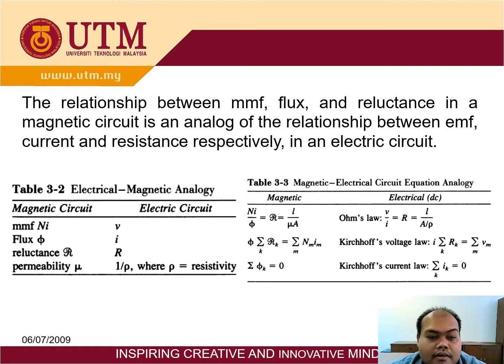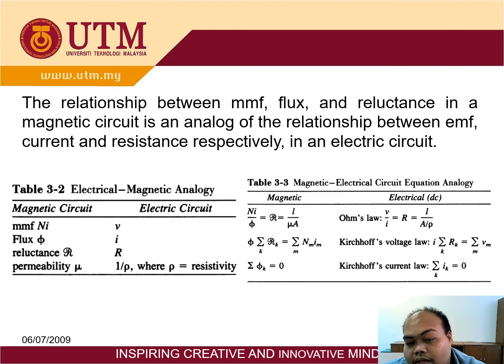Flux is actually like a current. Reluctance S. Besides S, you can also use the curly R to represent reluctance, but usually we use S. And permeability also mu.